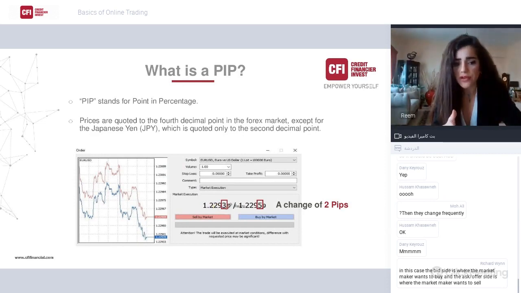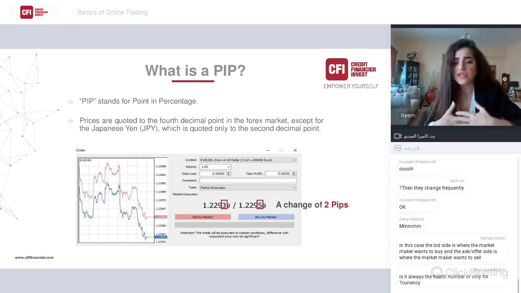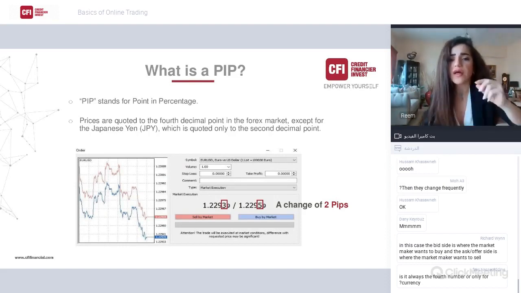The fourth number after the decimal is 3 and 5, so that's a 2 pip change. I will show you later what the pip means in dollar value. In this example, the change between the ask and the bid price is 2 points, so the exchange house or the broker will take these 2 points as his profit.